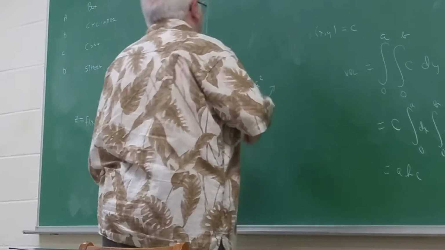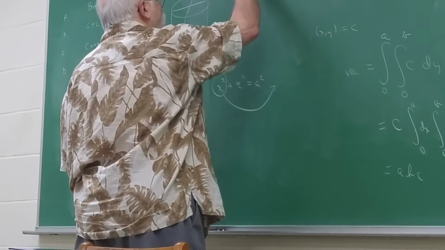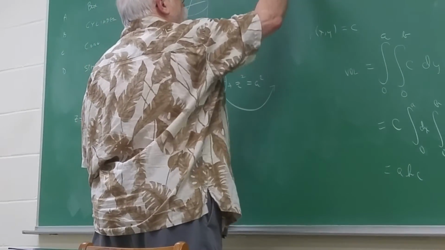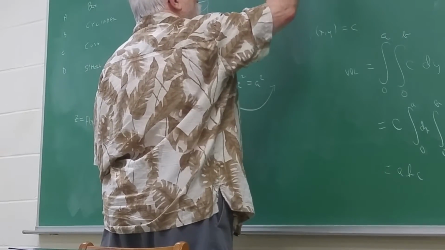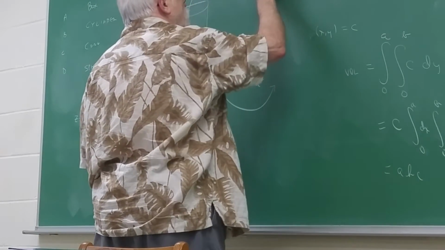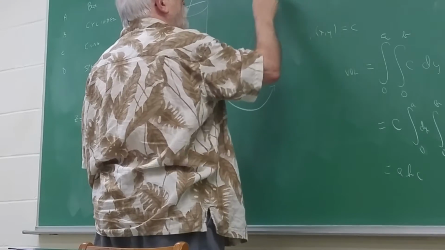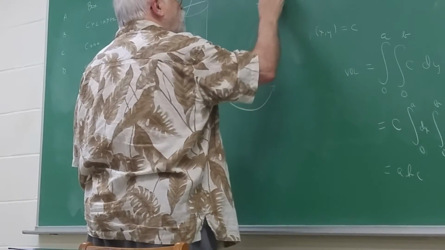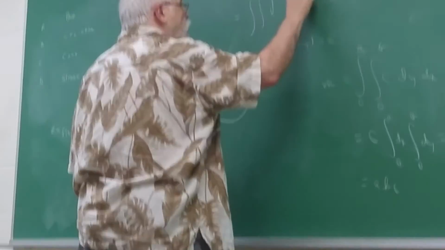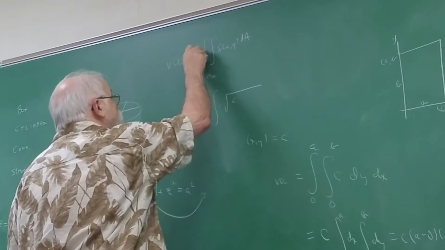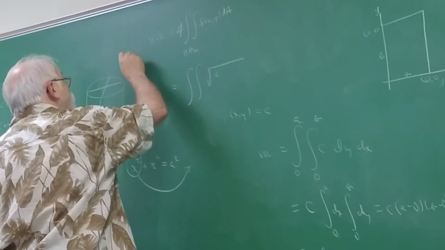Volume equals the integral of f of x, y, dA over the base. And I've got the square root times 4. So this is the total volume here.